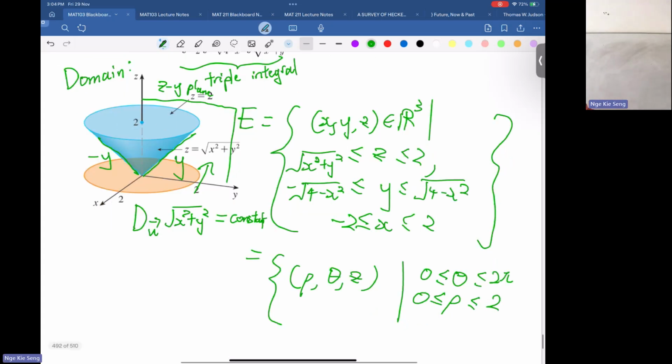Okay, so now the problem is z here. How to decide this z? Let us try an experiment. If I fix z to be 0 to, let's say, 2, do you know what this shape is? You've got the full angle, and then the radius, and then you put on your height.